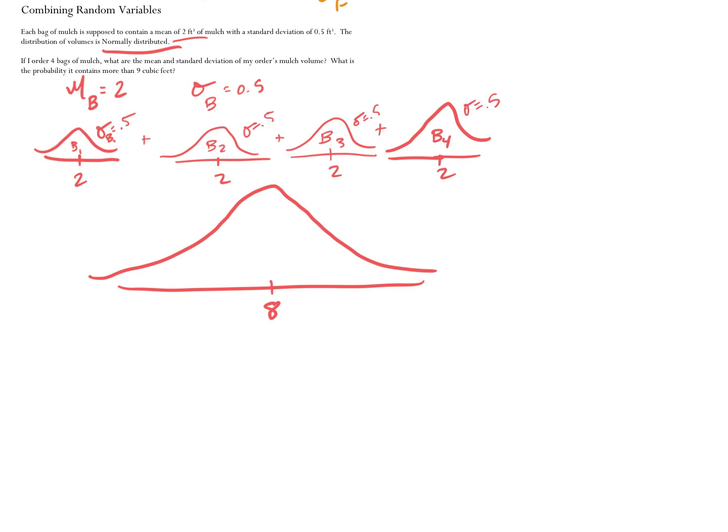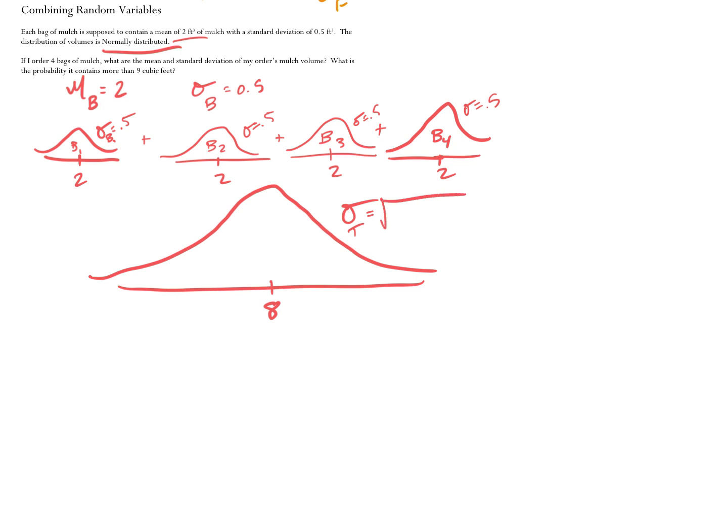Okay? Now, for the standard deviation, I'm going to call this T, do not trust your intuition. Because your intuition is going to want you to say that it's 2, where you do 0.5 plus 0.5 plus 0.5 plus 0.5. And that's not what you're supposed to do.